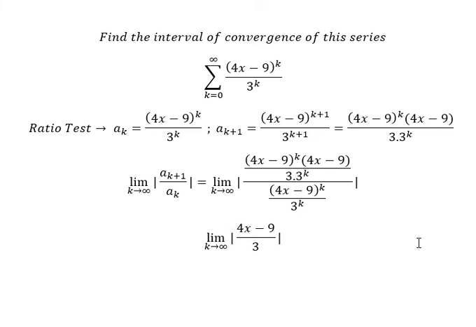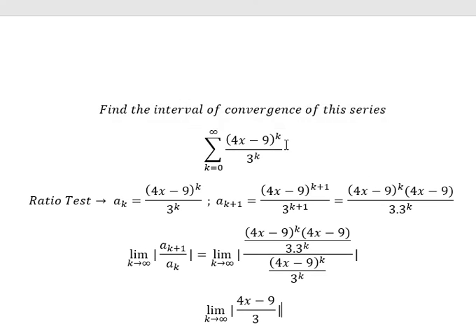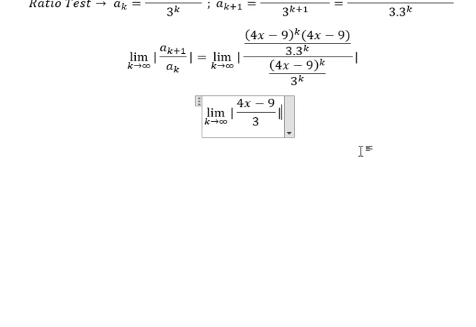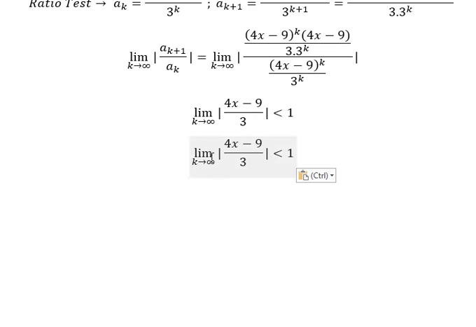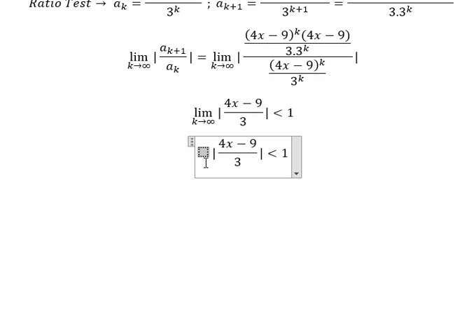This is the absolute value, and we know that if we want to find the convergence, this one should be smaller than number 1. So that means we just have this one left like this, and we don't need to use the limit anymore.